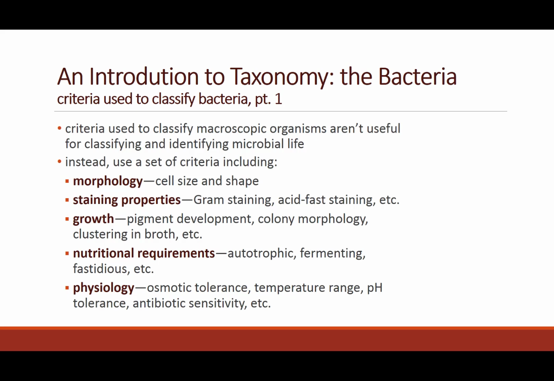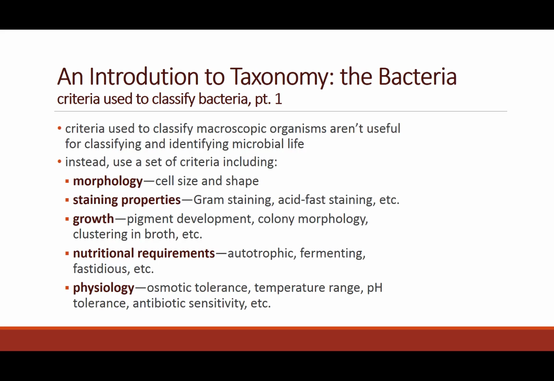So here are some of the primary criteria that are used to classify and to identify microbial life. The first is the morphology, so the size of the cell and the shape of it. The staining properties, so the characteristics primarily of the cell wall and perhaps the capsule that's around it.